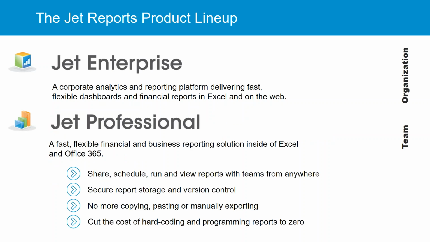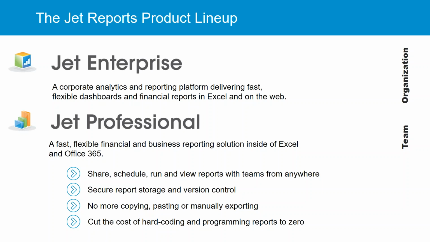You're going to be able to get reporting and analytics in Excel, something a lot of end users in the business world have experience with. One little feature that I didn't show you yet, but do have, is a new web portal where you can share, schedule, and run your reports and dashboards from anywhere.